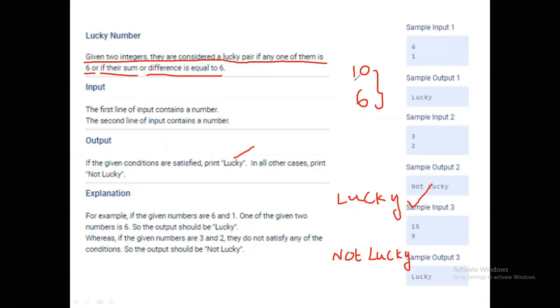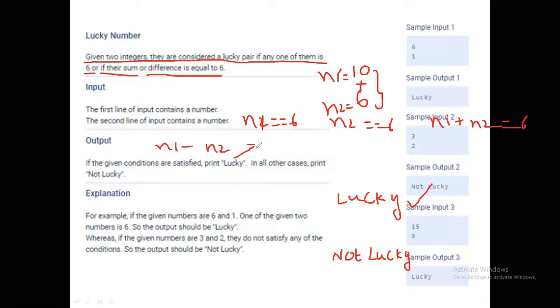Or the sum of these numbers, that means if this is n1 and this is n2, what is the condition here? n1 equals 6, or n2 equals 6, or n1 plus n2 equals 6, or another condition is the difference, n1 minus n2 equals 6. Here we are finding the difference, so n2 minus n1 equals 6.